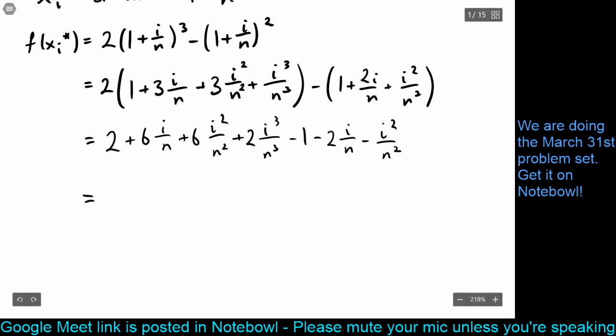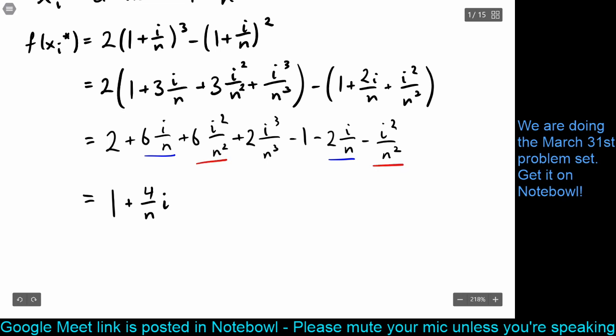That was a bit unintended here. So let's see, 2 minus 1 gives me 1. Now let's look for the ones with just an i in them. That's going to give me plus 4 over n times i. Sorry, like I said, I meant to factor out the n's with the number. Okay, so there's that part. Now let's look at the n squareds.